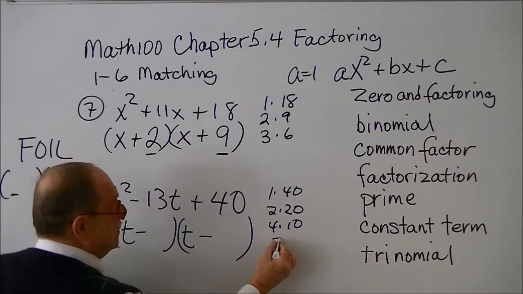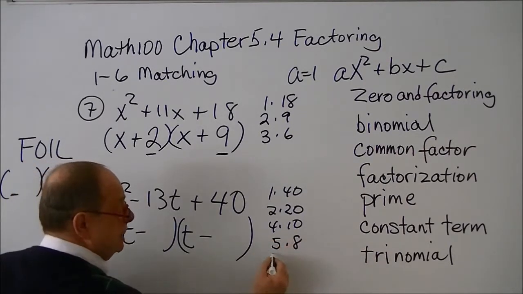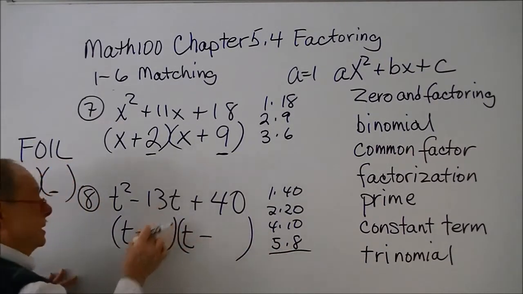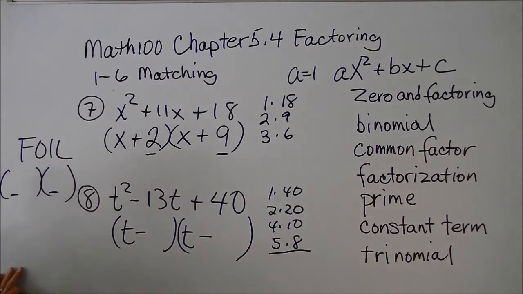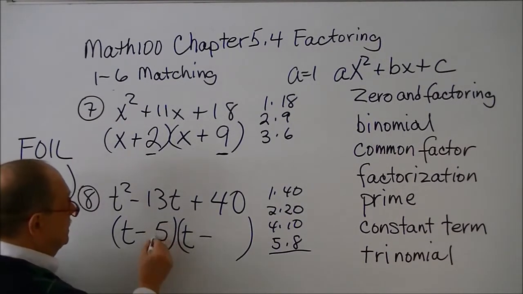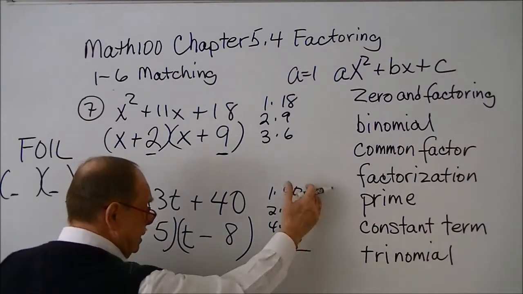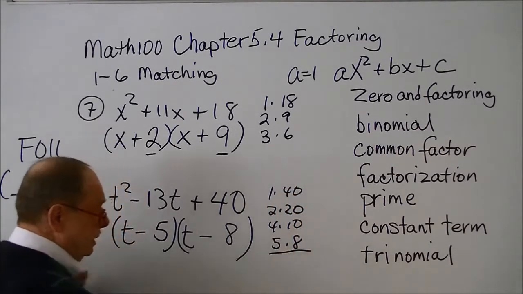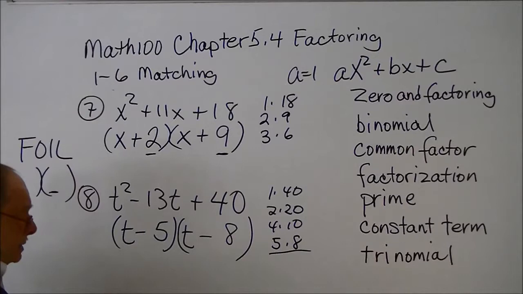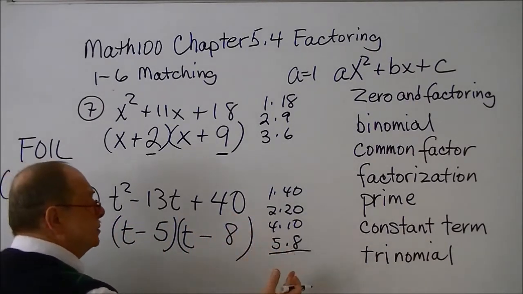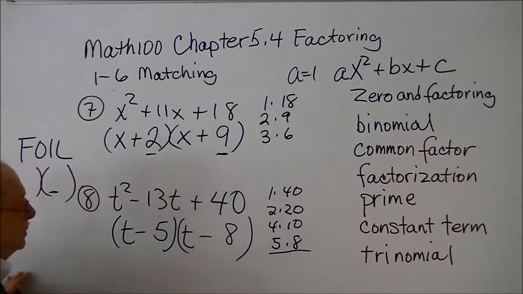Then we go 5 times 8, and then once I get there, I realize 5 plus 8 is 13. So it looks like I have the factors. But this is the mental part of what you do, the artisan, the artist in you, where you look at something and you develop a strategy to get to an answer.